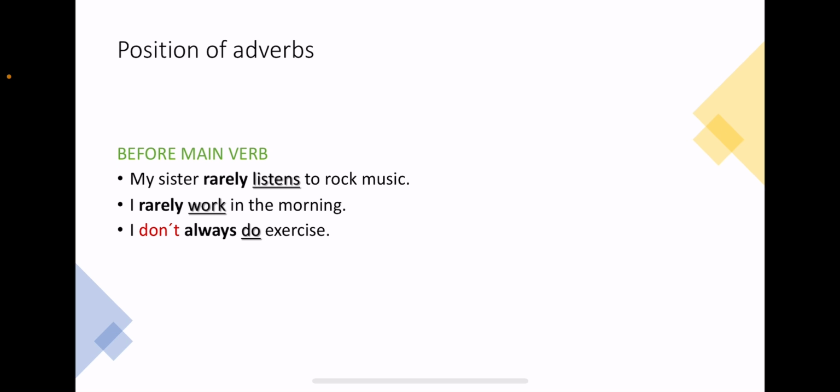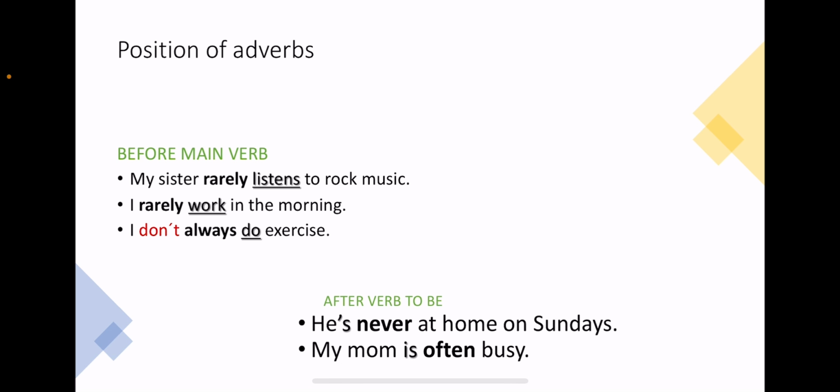Now, for verb to be, we're going to do it a little bit different, because verb to be is a special verb. So for sentences with verb to be, we are going to put the adverb after the verb. In the first example, we have he's. Remember that he's is the contraction of he is, and is is verb to be.